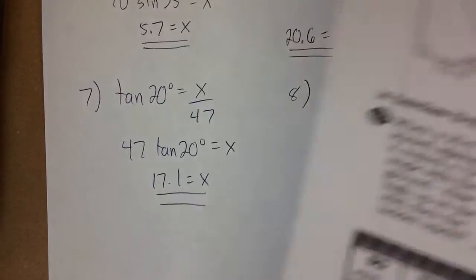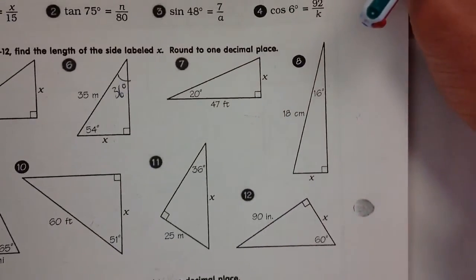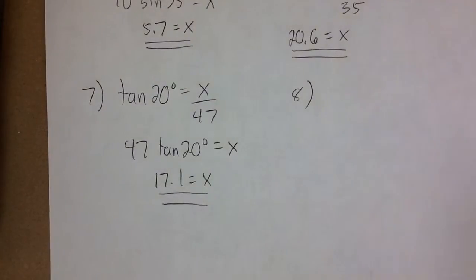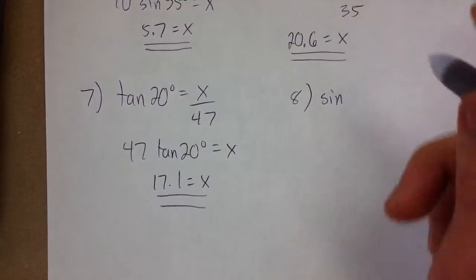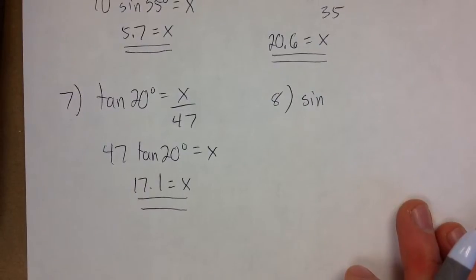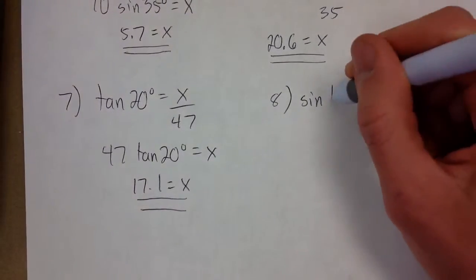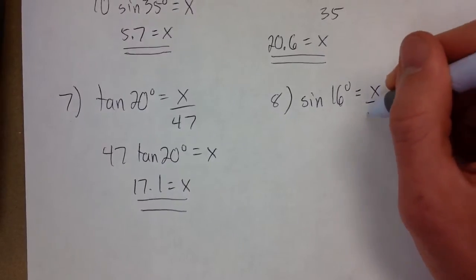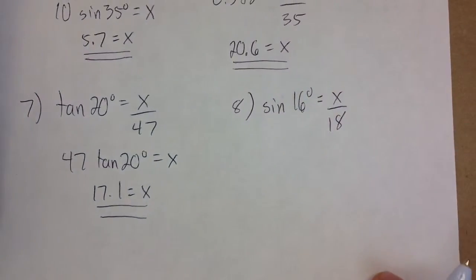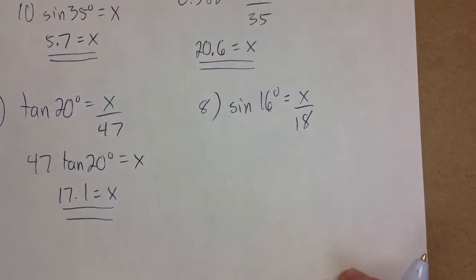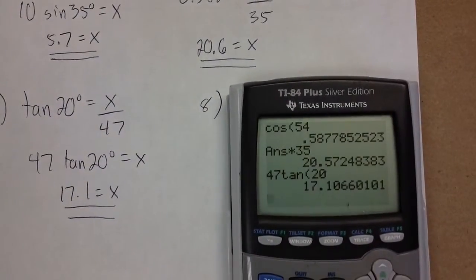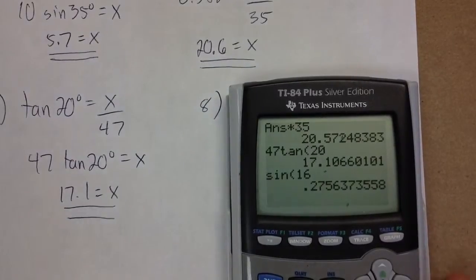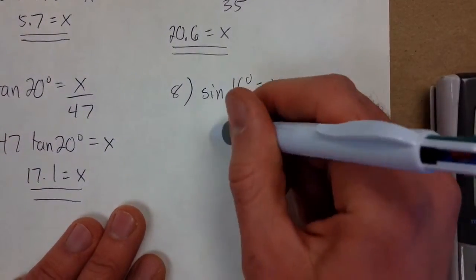And Noi, number 8. Which trig function would you use? Sine. Yep. And can you tell me the rest of the equation? Good. And then? Sine of 16.